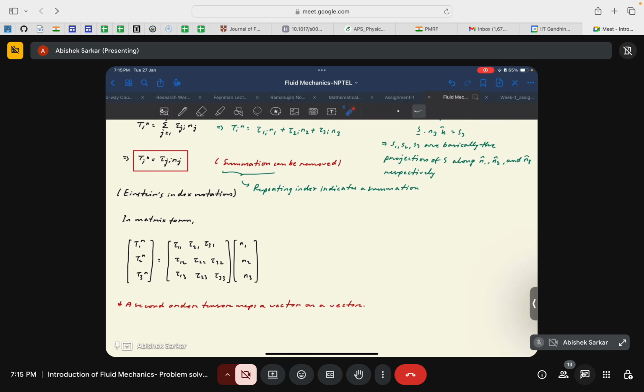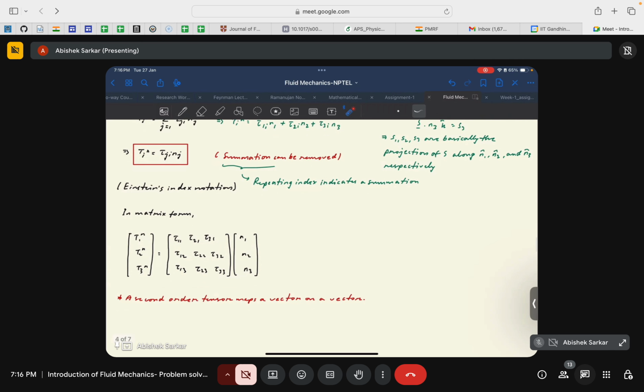The components of the traction vector T1n, T2n and T3n can be represented as a matrix multiplication between the stress tensor and the normal vector. This times this will give you T1, this times this will give you T2, and this times this will give you T3.